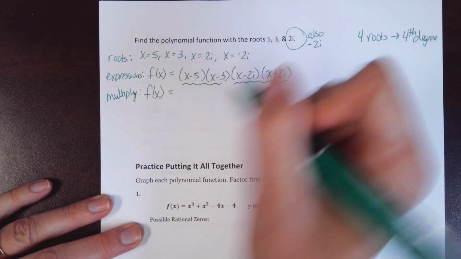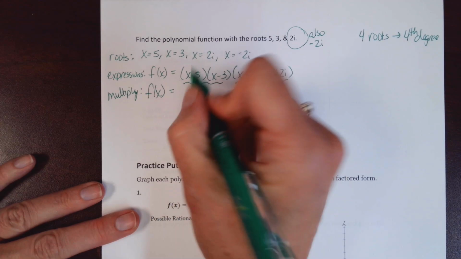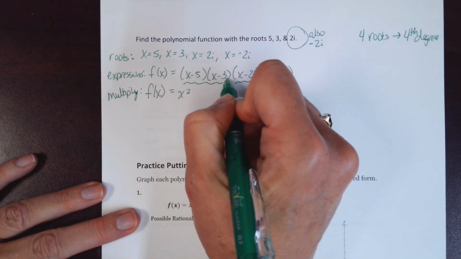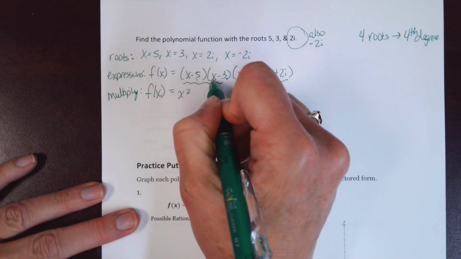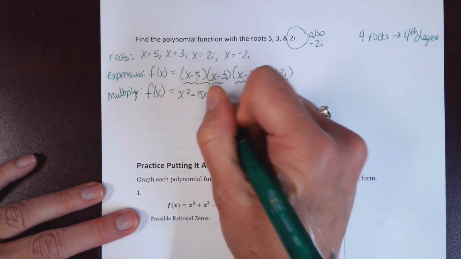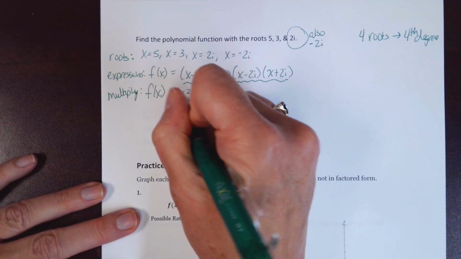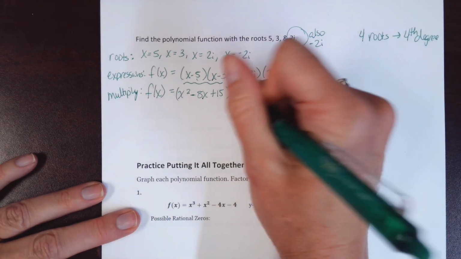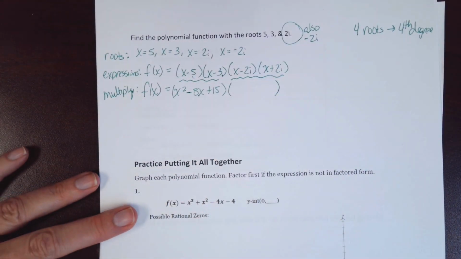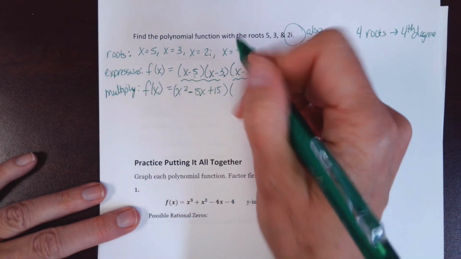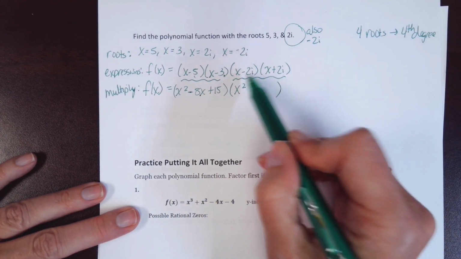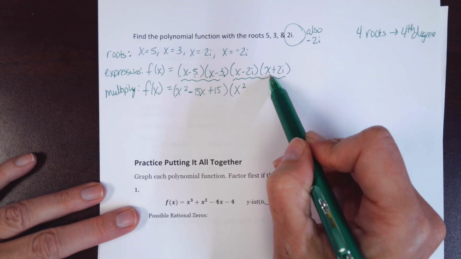We can start by FOILing these together as well. x times x is x squared. My outside product is -3x. My inside product is -5x. So that's -8x. -5 times -3 is +15. That goes in parentheses because I'm still multiplying. Now when I FOIL this conjugate pair, x times x is x squared. Remember we said that with conjugates our outside and inside products always add to 0.